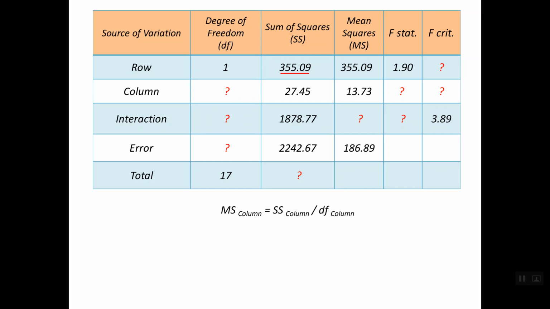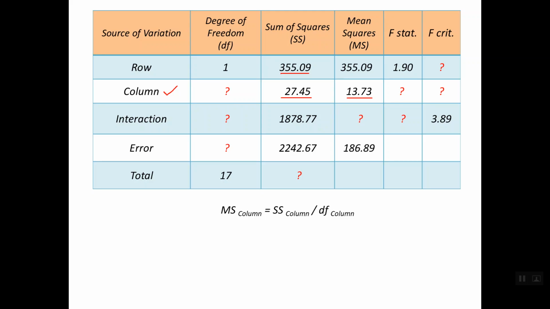By using the same formula for the other factor, the second factor, which is the column, the degree of freedom is missing, the value of the SS is known, and the value of the mean square, MS, is known. So again, this is the formula to get the MS for any factor.